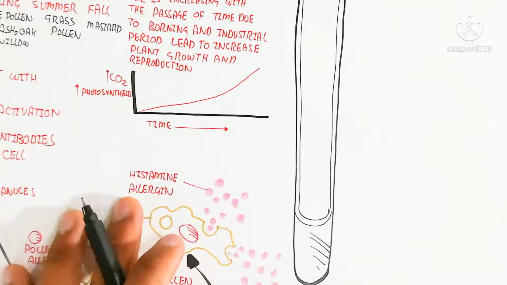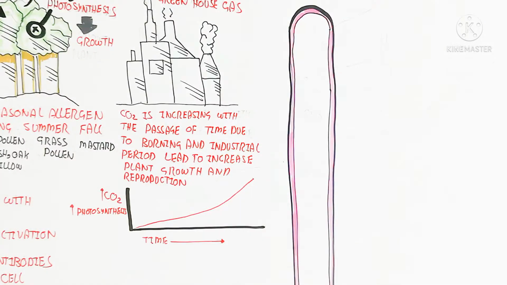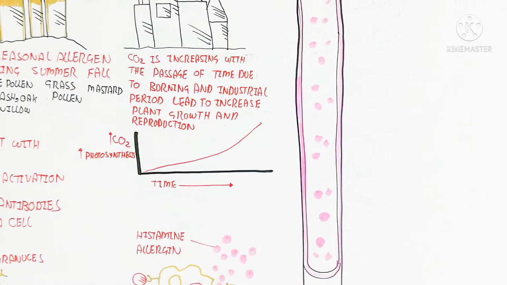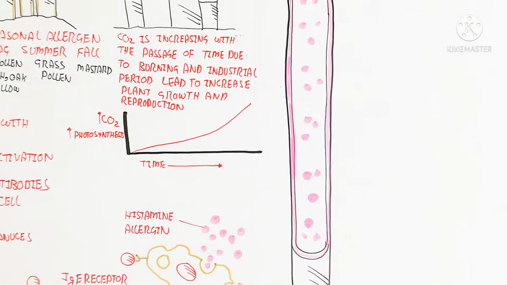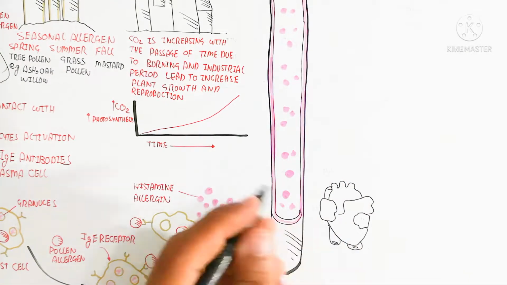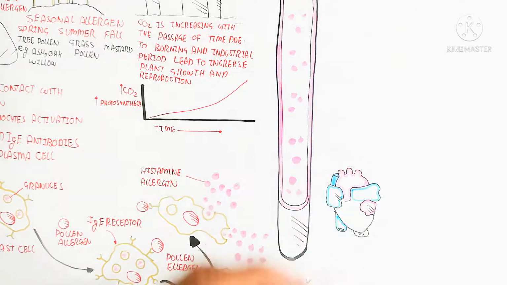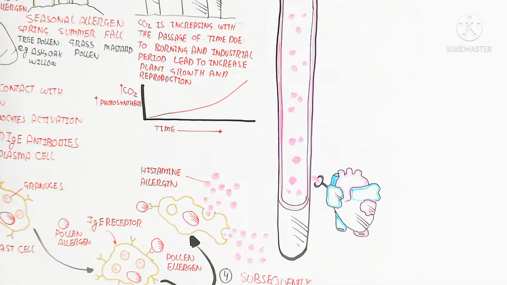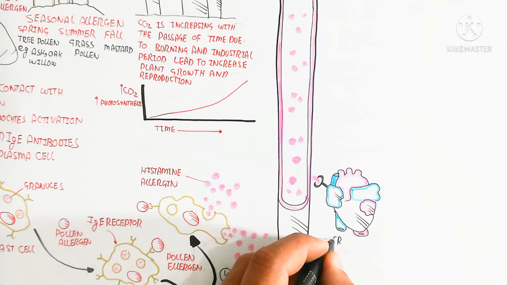Photosynthesis will increase with the passage of time due to industrialization, which will lead to more hypersensitivity and more pollen allergy, because of industrialization, the burning of charcoal, the burning of some products which produce carbon dioxide, and vehicles also.